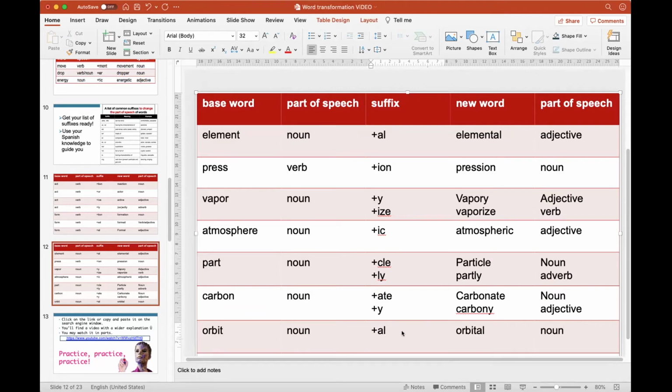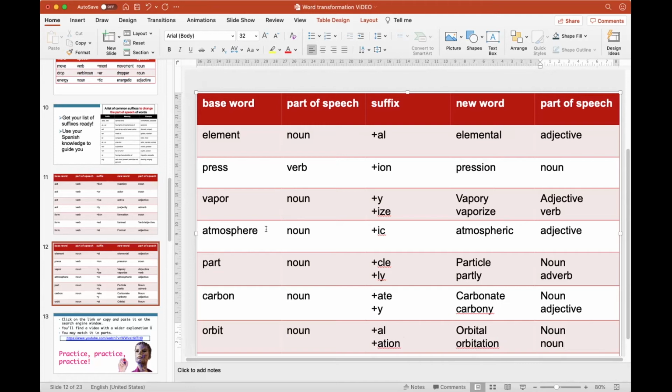You could also have orbitation, which is again a noun. Questions? No, teacher. Orbital could be also a noun.